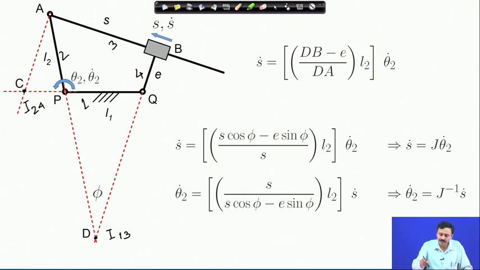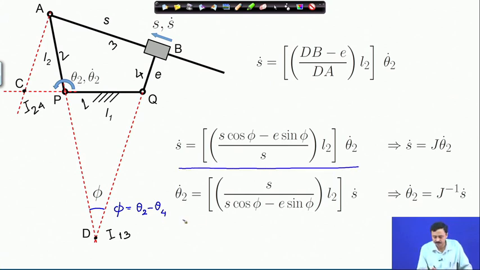And using this angle phi, where phi is nothing but theta 2 minus theta 4, using this angle, we had expressed these velocity relations as I have shown here.